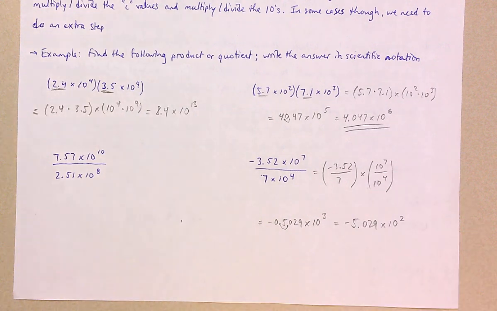So it's going to be 10 to the 2nd power, not 10 to the 3rd. Always think, if you're moving your decimal point to the left, you're going to increase your power. If you're moving the decimal to the right, then you're going to decrease your power.